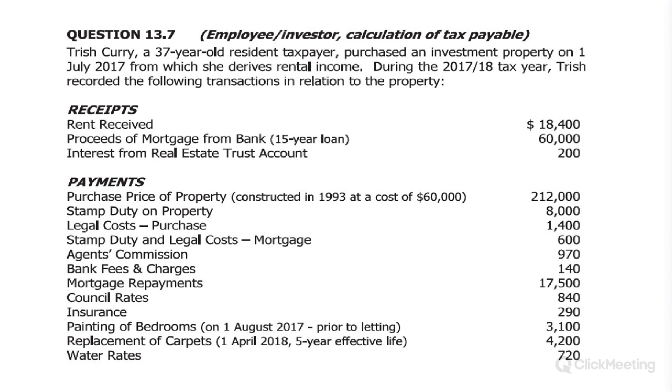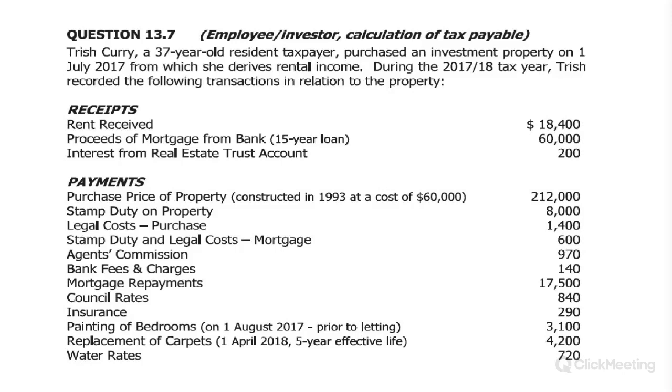So apply any percentage of capital works on the building that you may be able to. What about the borrowing costs? And have a look at the painting. It was purchased on 1st of August 2017. So make sure you are working out the percentage for the number of months that you held it for.